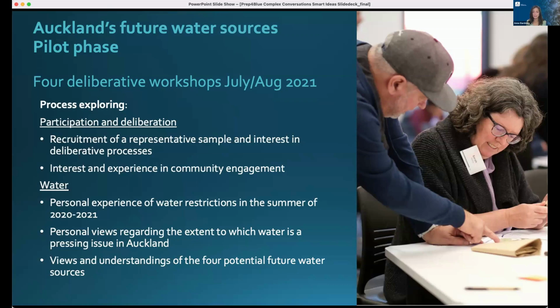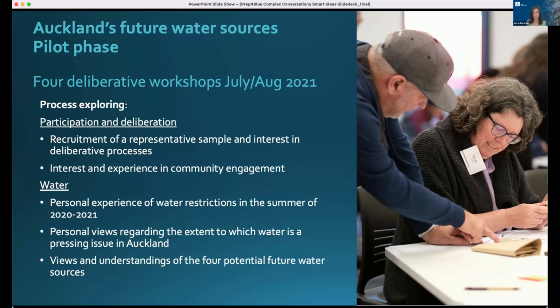And we did that using all the processes that we later used for the larger assembly, that is, to randomly select our participants based on the census data for the city of Auckland in those 4 different regions. So we did north, south, central, east, and west. So we had 4 workshops in 4 regions, so 4 different sortition processes.